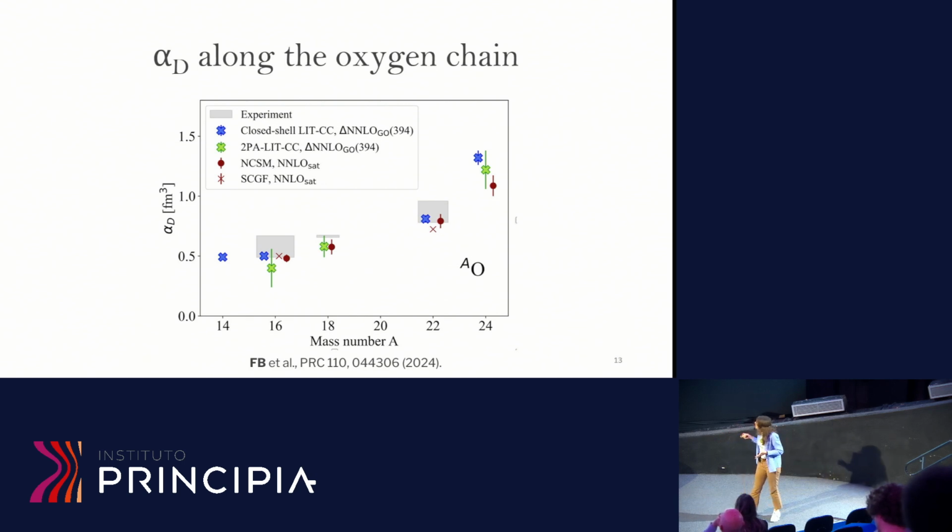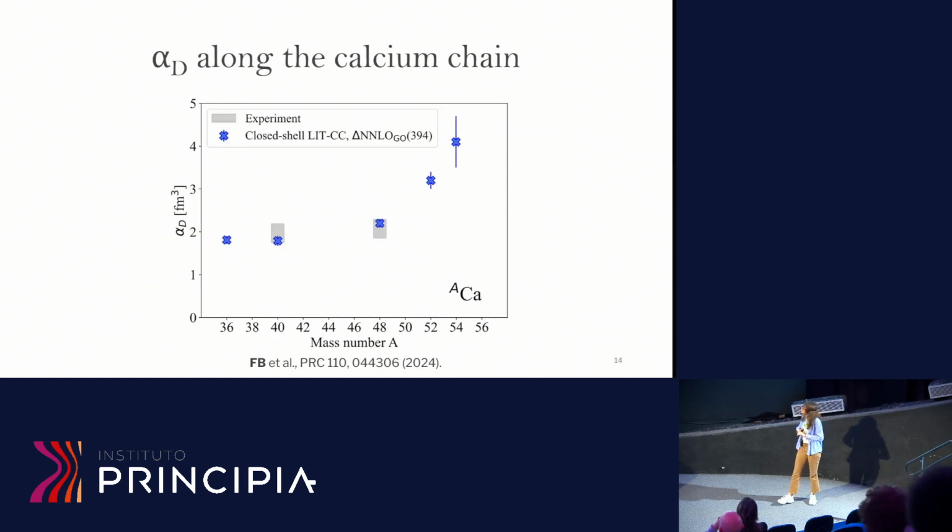In general we see that there is a very good agreement between experiment and theories, and so we can say that we have a good understanding of what's going on in terms of physics along this isotopic chain. Let us go to calcium. I talked before about calcium 40 and calcium 48.